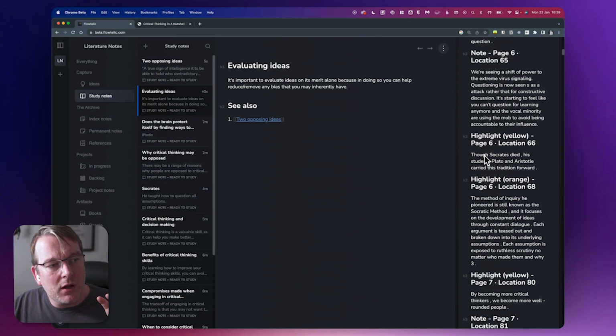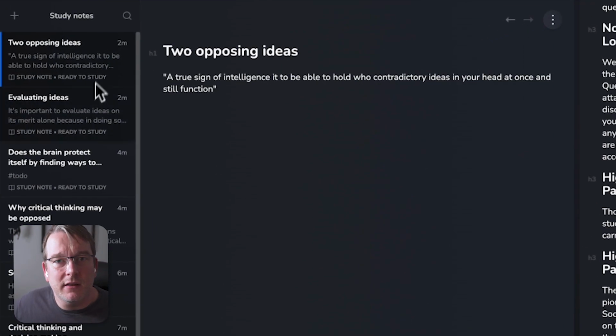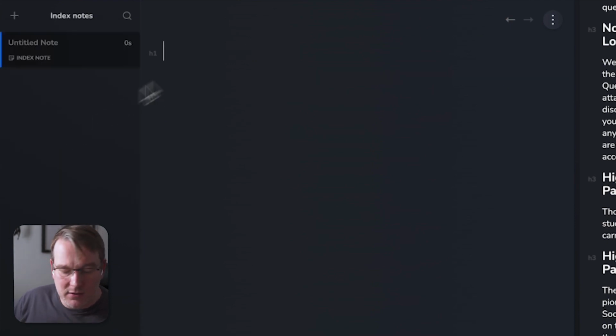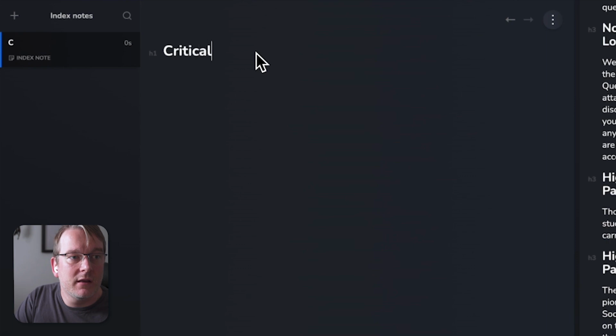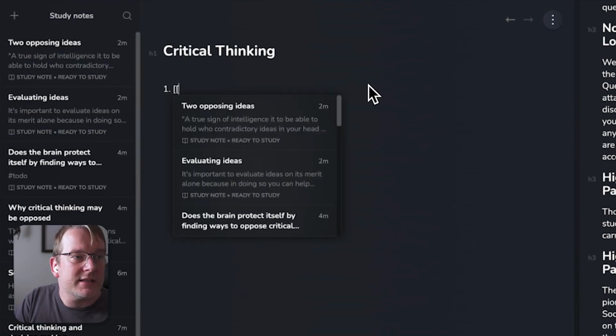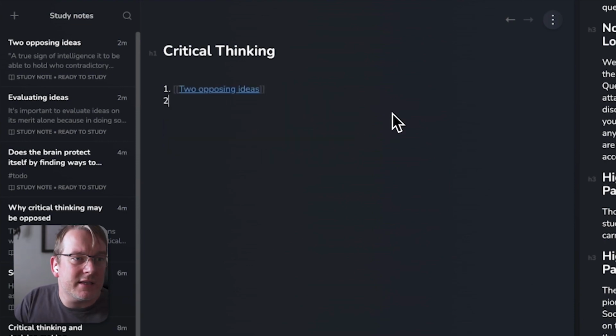And one thing I would also look at doing here is actually start organising my thinking together. So maybe I could create an index note called critical thinking, and just start thinking, okay, I've got these study notes, and let's say I start putting them into here as an outline.